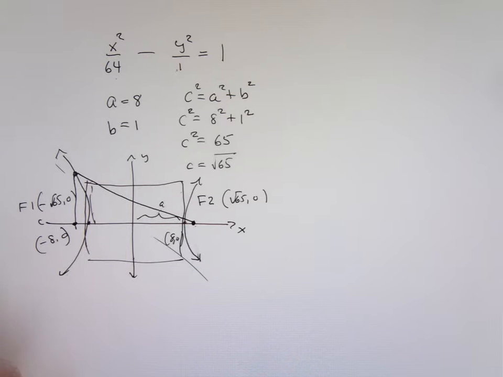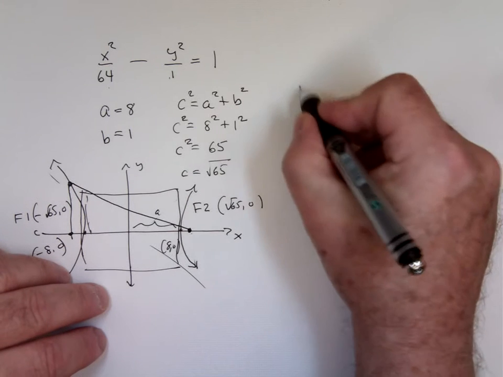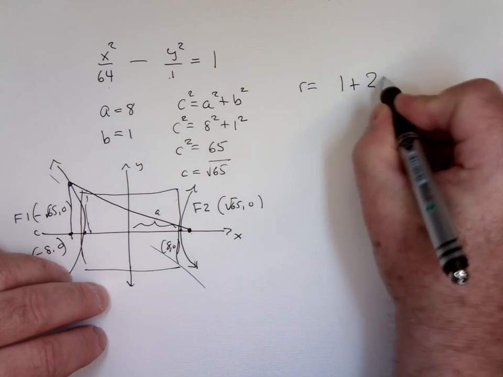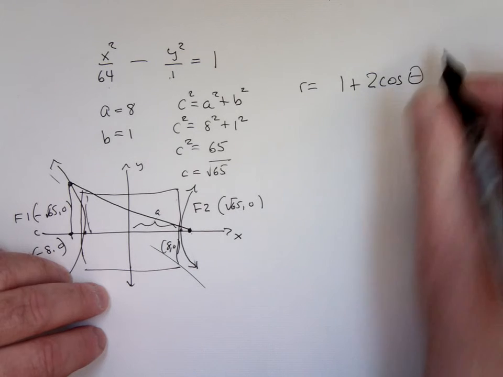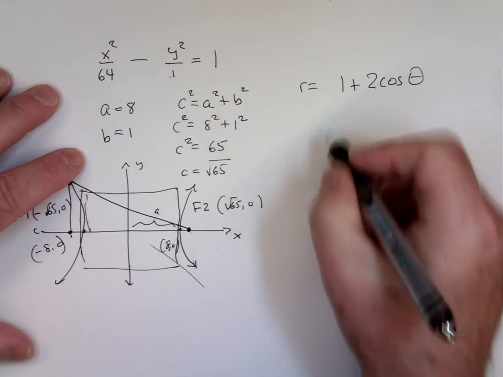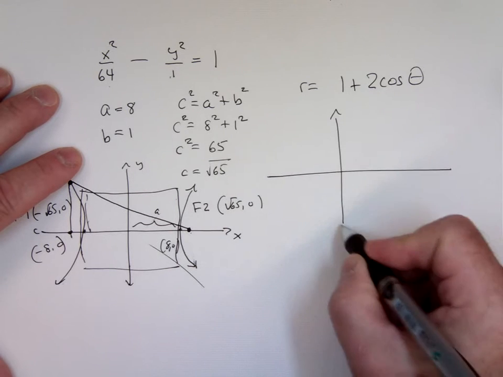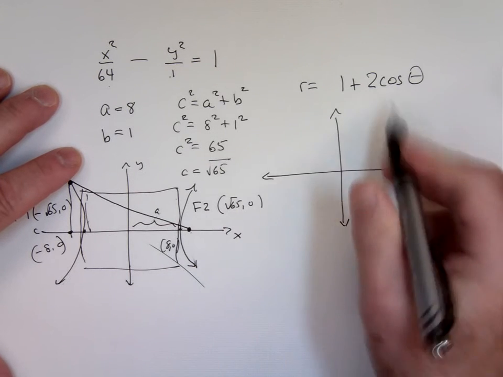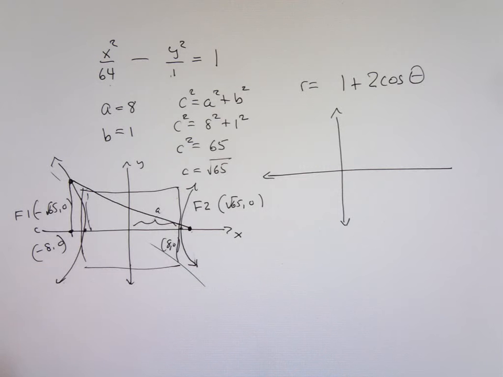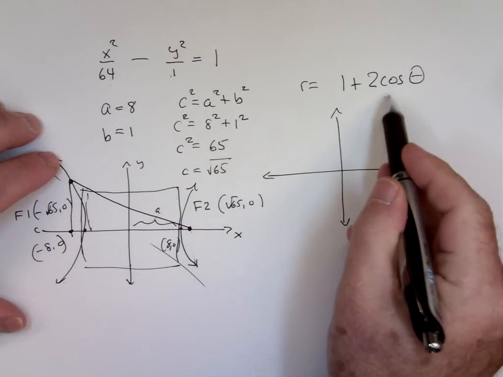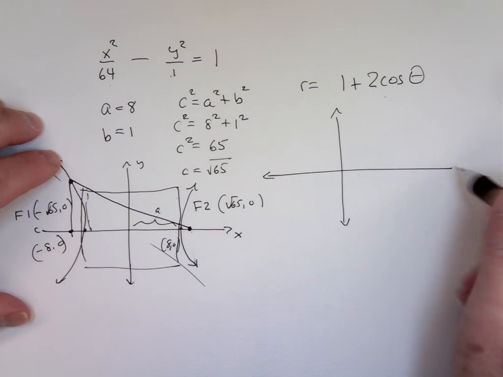If you were to have a limaçon like r equals 1 plus 2 cosine theta, what do the two numbers do? Because the 2 is greater than 1, it's going to have a loop. Cosine gives symmetry with the polar axis.